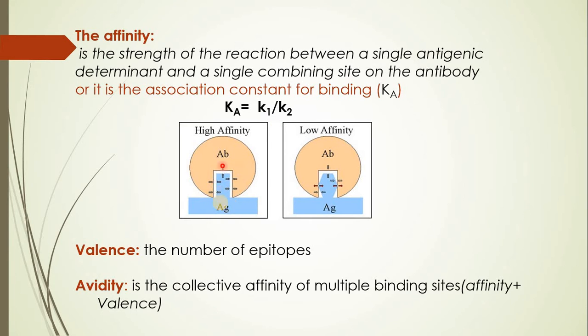What you can see here is an antigen whose one single binding site, if I consider this lower one, its binding with the antibody will give me the term called affinity. How is it obtained?